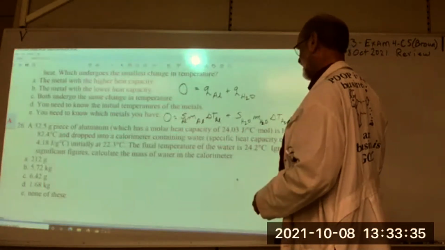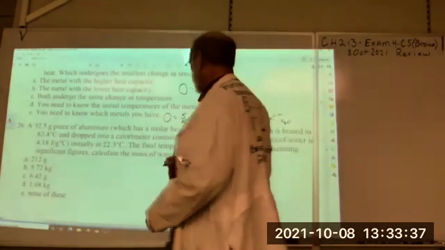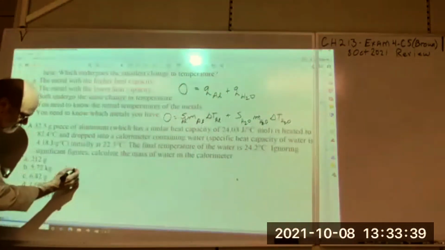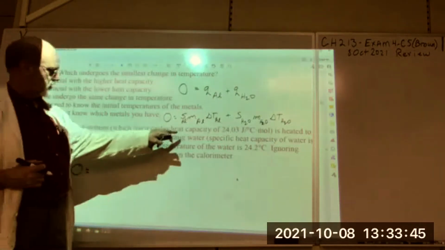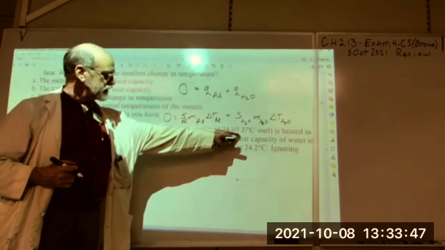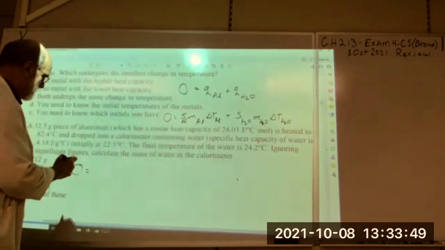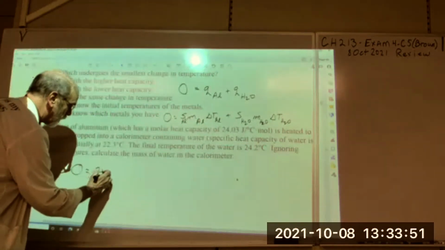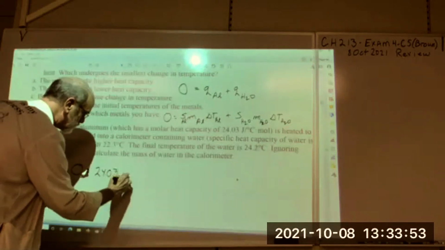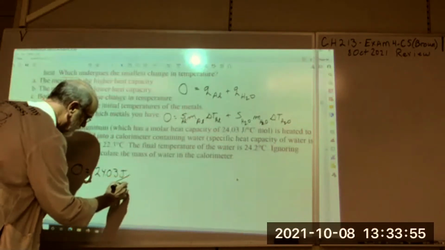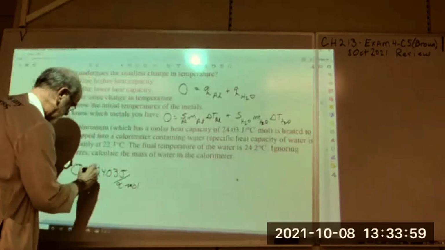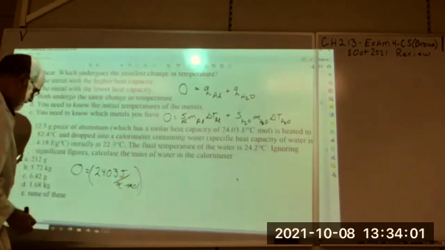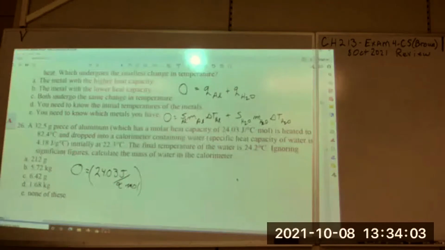Let's see. I guess I can do part of it here. So what's the specific heat capacity of aluminum? 24.03 joules per degree C mole. Okay.